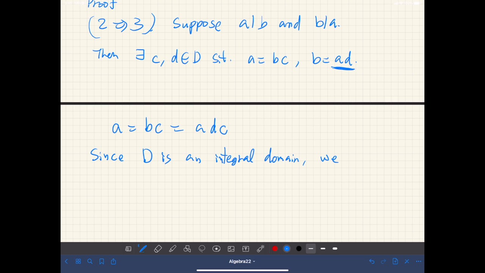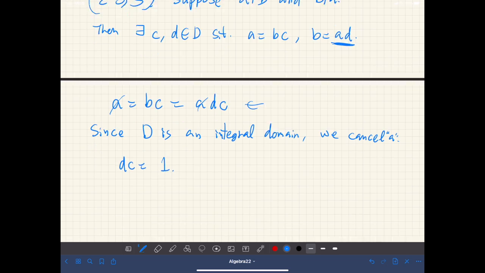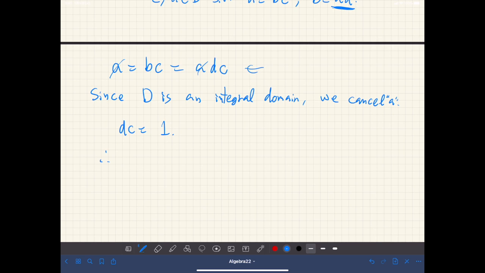We can cancel A, so from this we have DC is equal to 1. Okay, so this means C and D are units.